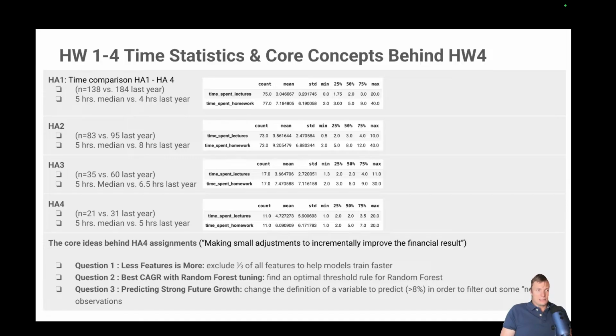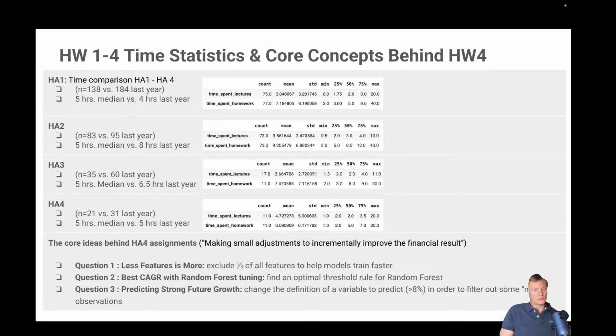It may be easier to predict, and you may be able to predict better, the strong positive growth, because around the cases of a neutral growth, when it is plus minus 0.1% or plus minus 0.5%, there are many such cases and it's a lot of noise.